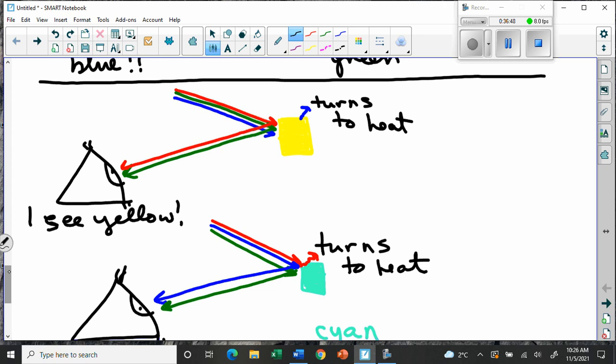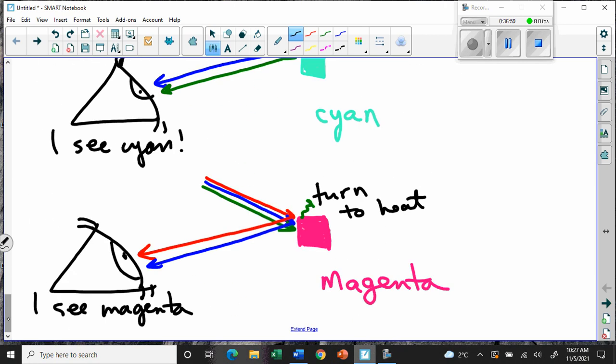We don't really care about what turns to heat because it's gone, we don't see it. So when we see light, we are focused on the light that is reflected. And when we focus on that, we have a name for it. Let me go down a little bit more.